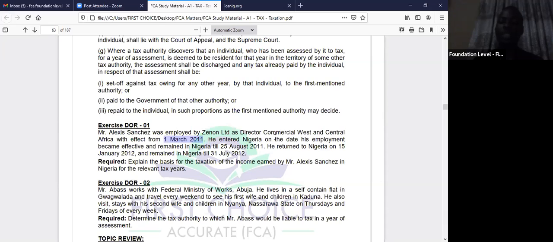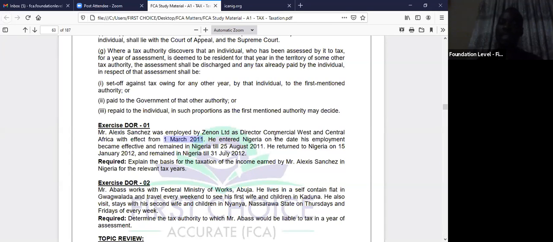Will you say that because he stays in Abuja 3 days, that is his principal place of residence? Will you say because that is where he usually resides, that is where his place of residence is deemed to be? Of course, no. If he was not working, that would have made sense.